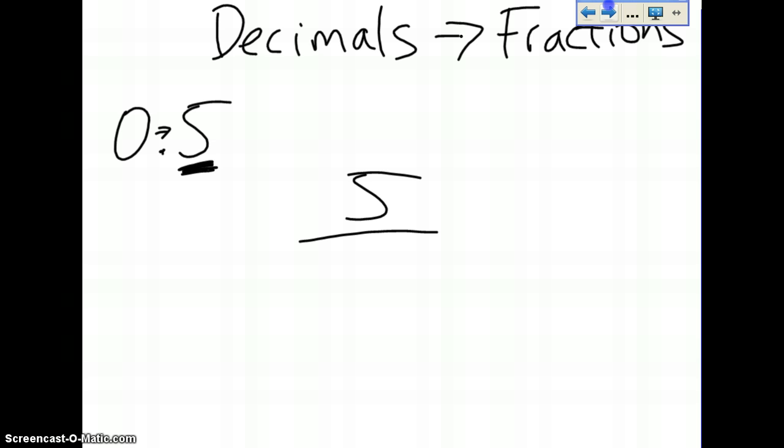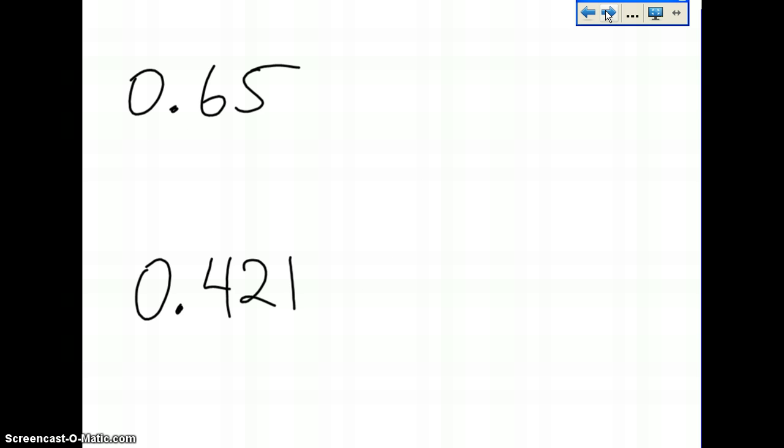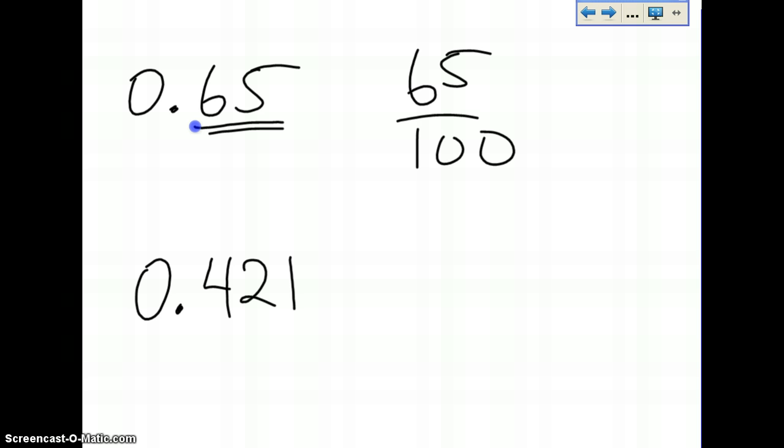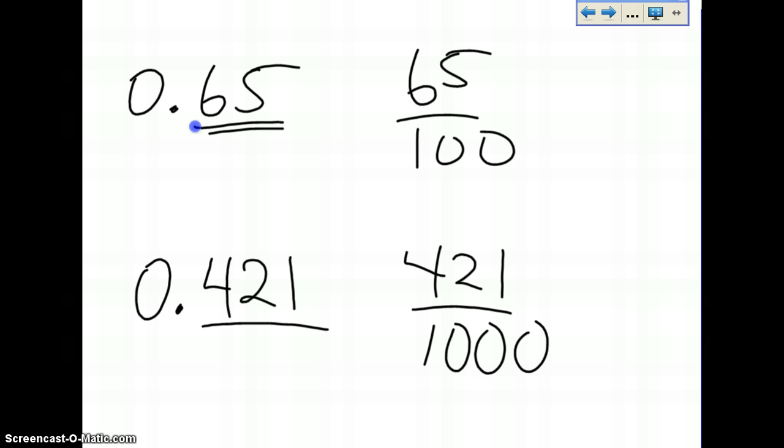So there's only one. So this is a 10, 5 over 10, because there's one decimal place after that. The next one, 0.65. There's 2 places here, so it's 65 over 100. There's 3 places here, so it's 421 over 1,000.